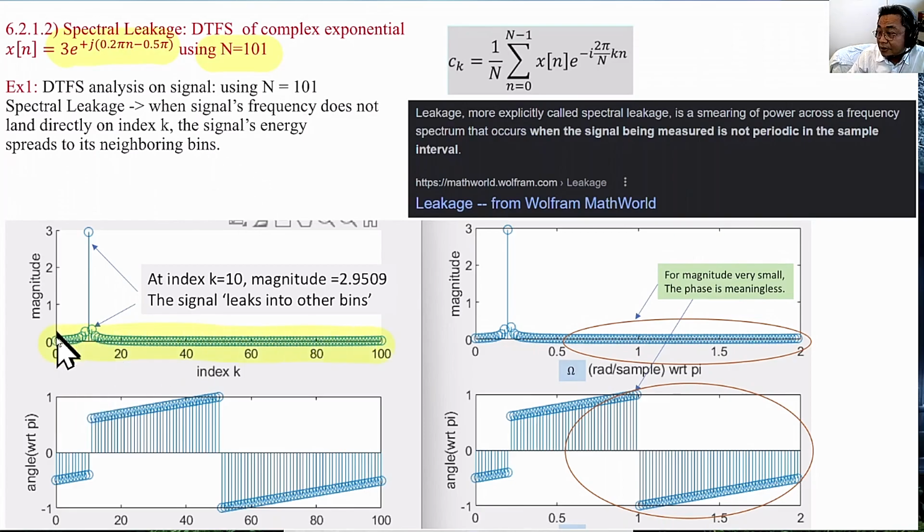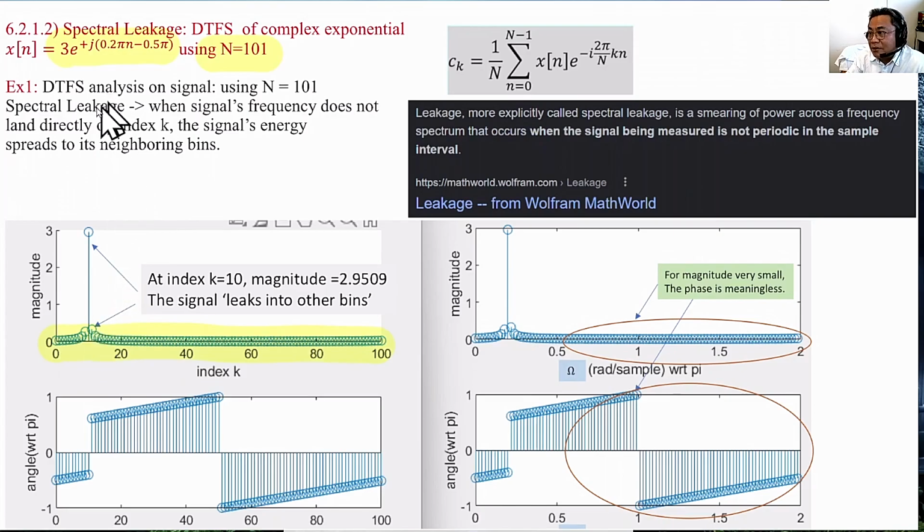The ck goes from c0 to c100 now, because it's 0 to 100, so it's 101 points. But for our original data, there's no way we can calculate 0.2 pi along these frequencies. So even though our real data is sitting at 0.2 pi, our analysis did not analyze directly at 0.2 pi.